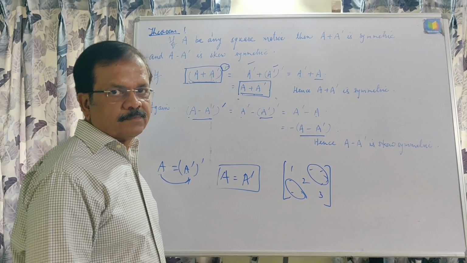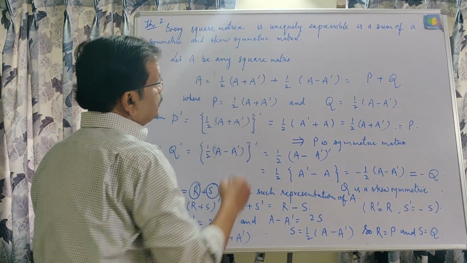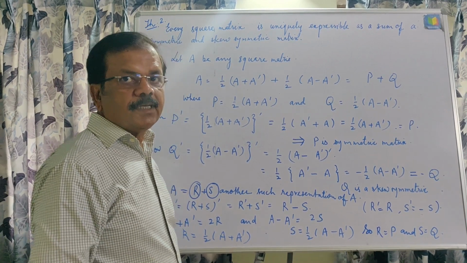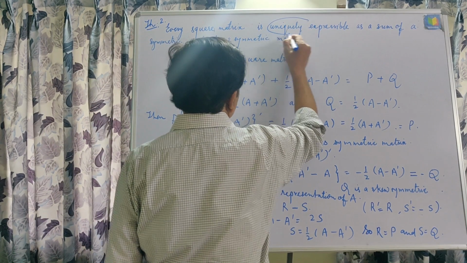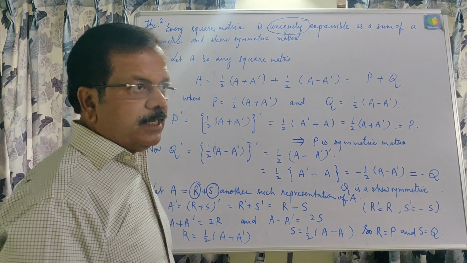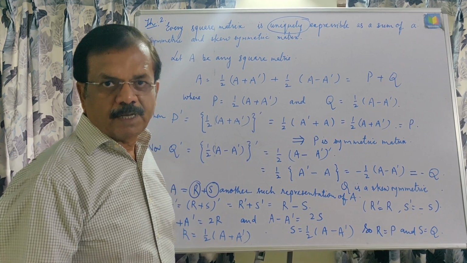Now the next theorem. In this theorem, every square matrix is uniquely expressible as a sum of a symmetric and a skew symmetric matrix. Uniquely means that in one and only one way we can represent any square matrix as the sum of a symmetric and a skew symmetric matrix.